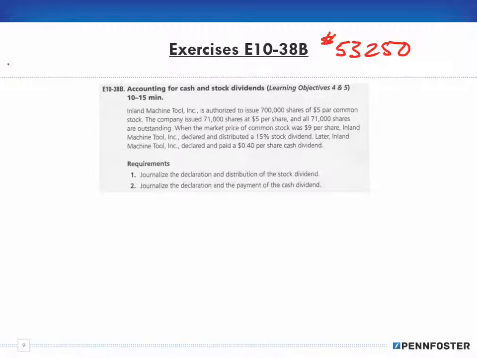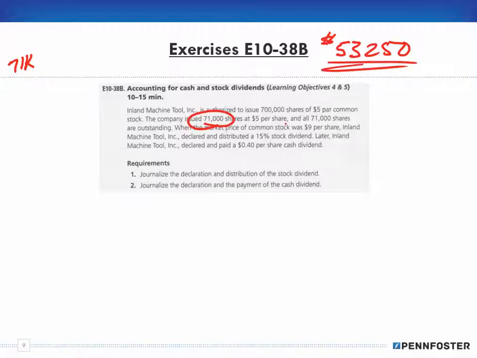So when we do this declaration, we have 71,000 shares, our original amount, but we have to take into consideration the additional $53,250 of value created from the stock dividend.